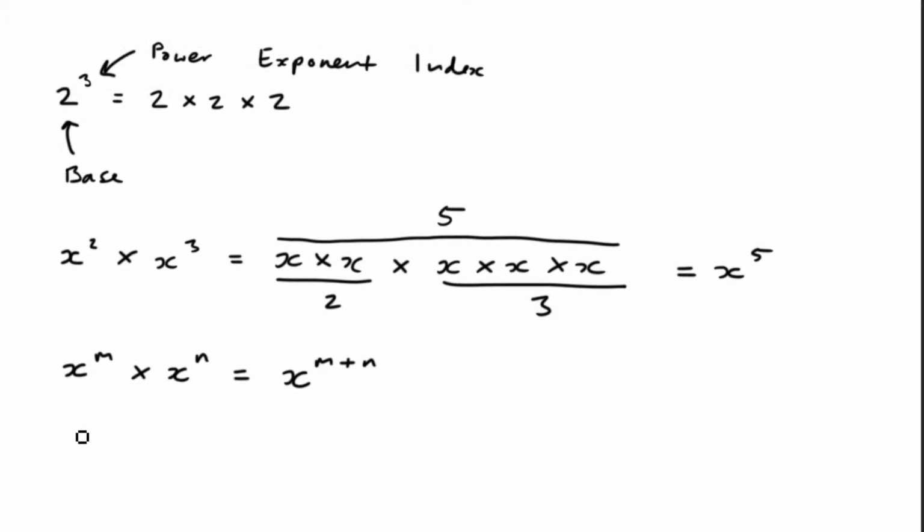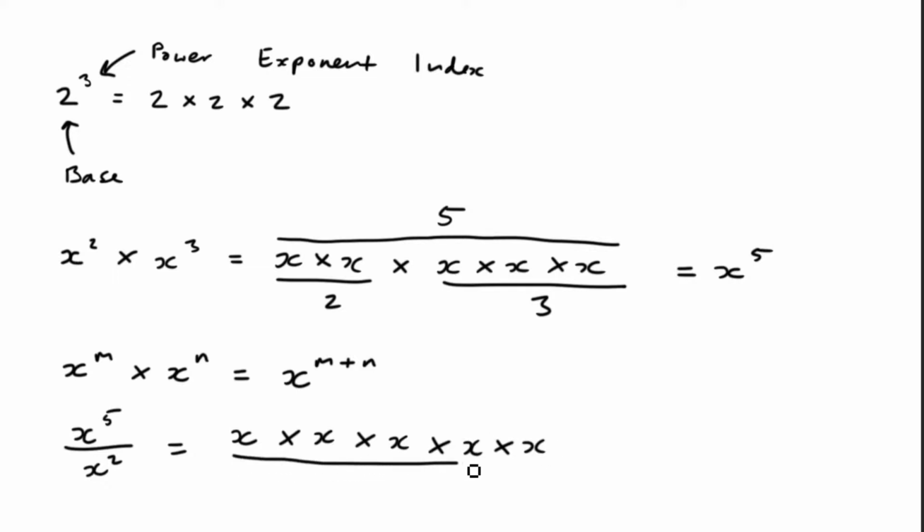What would happen if we took, say, x to the 5 and divided that by x squared? Well, x to the 5 means x multiplied by x, multiplied by x, multiplied by x, multiplied by x, 5 times.